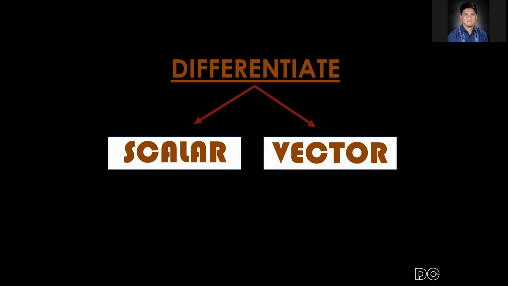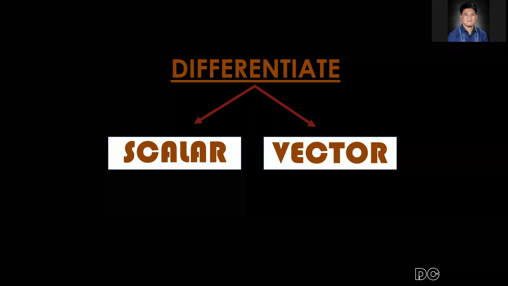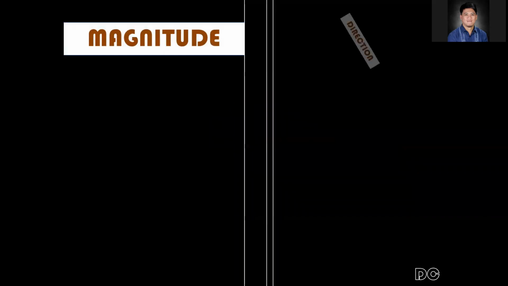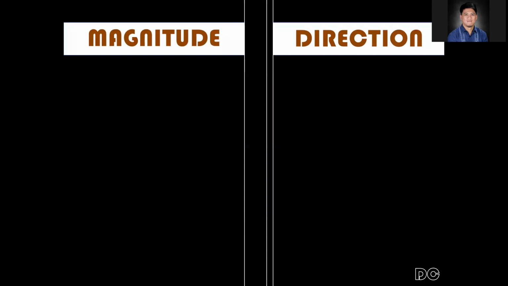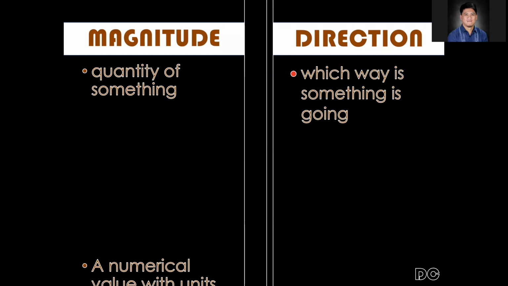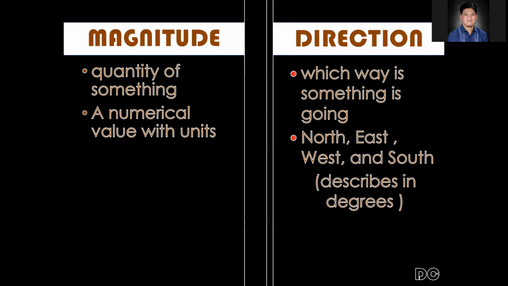Before we differentiate a scalar and a vector quantity, first let's review the meaning of magnitude and direction. I think you are already familiar with them. When we say magnitude, it is a quantity of something, or a numerical value with units.